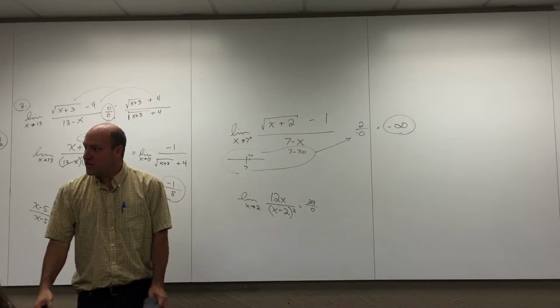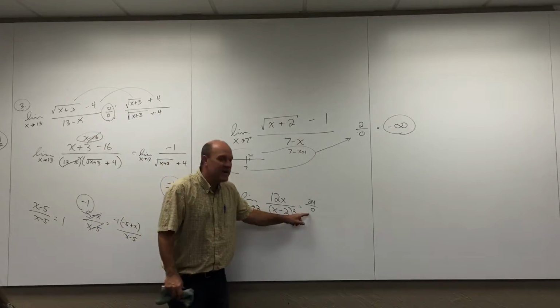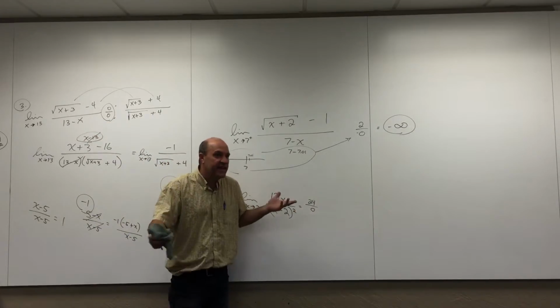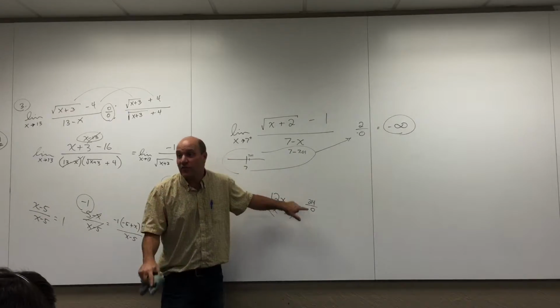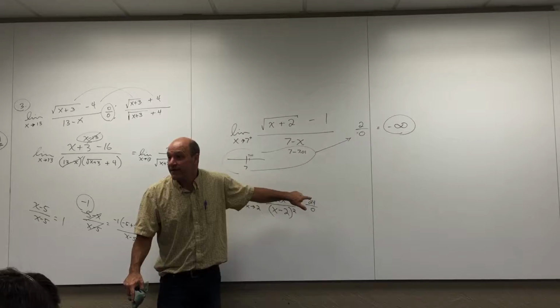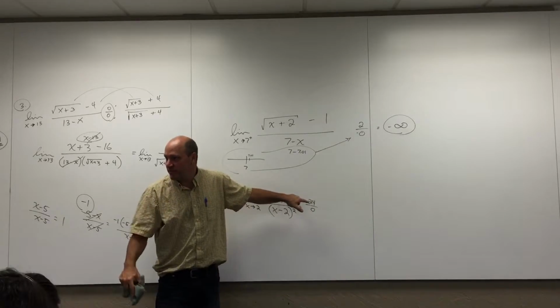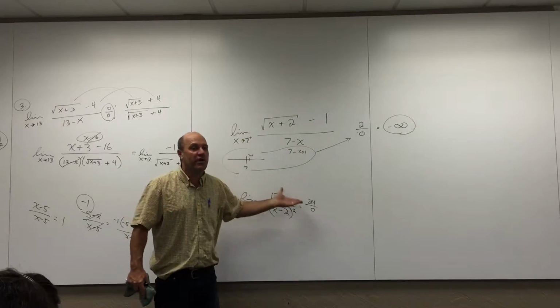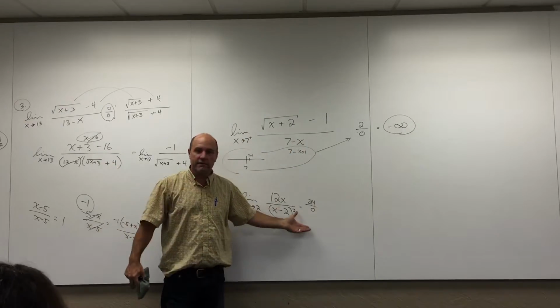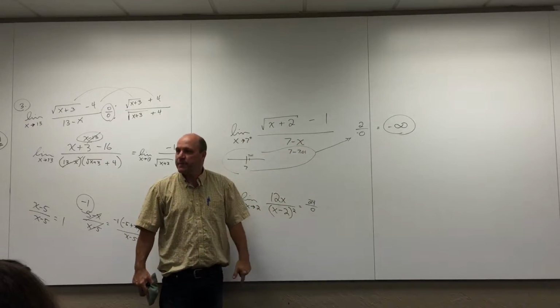It's infinity, because you've got to look at that 0 as a teeny-weeny number, and then it makes sense. How many times does this teeny-weeny number divide into 24? Thousands, millions, billions. How many times does a little 0.001 divide into 24? Millions. It's infinity.